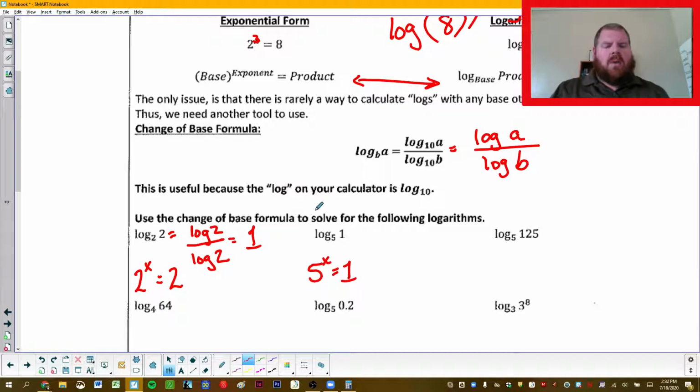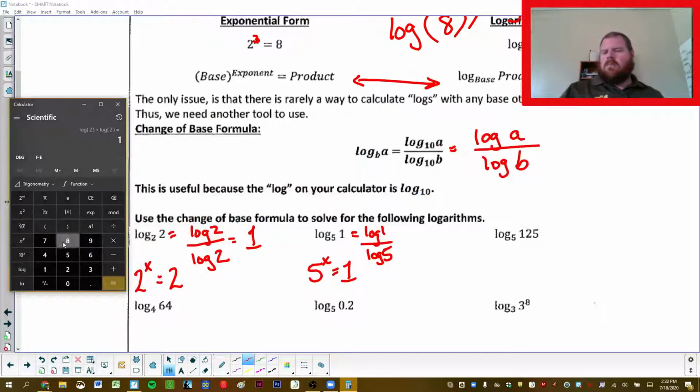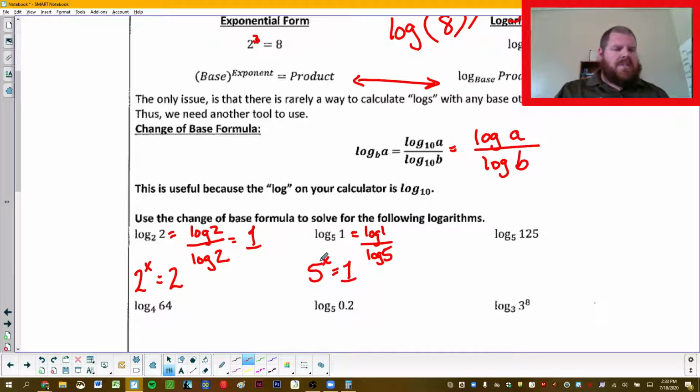But what I'm going to do on the calculator is say log of 1 over log of 5. So 1 log divided by 5 log is 0. And that's what it would take as an exponent. It would take 0, 5 to the 0 power, to give me 1.